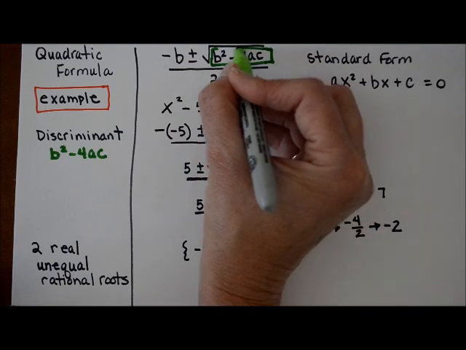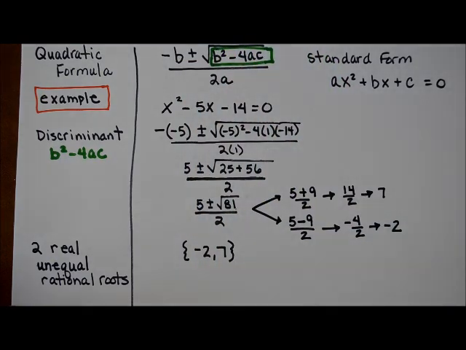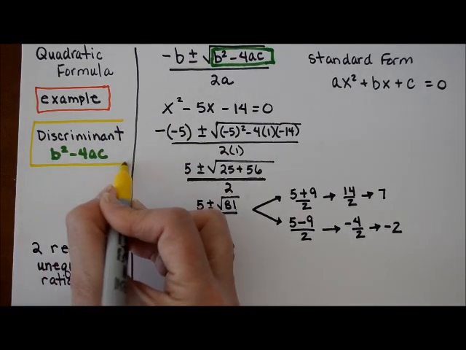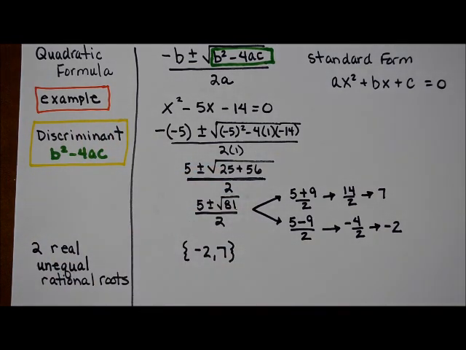It's the part under the radical sign. So the discriminant is the part under the radical sign. I'm going to go ahead and highlight this in yellow. Discriminant is just the part under the radical sign. And all they want to know is, what is the number?